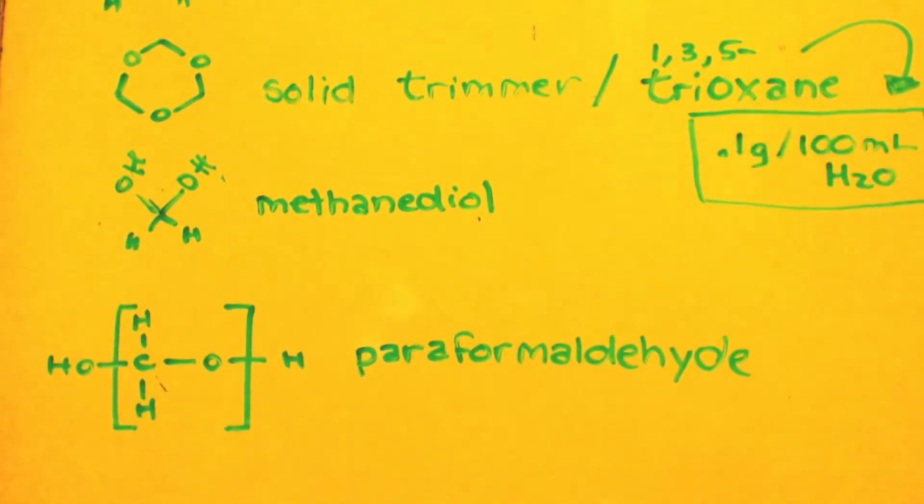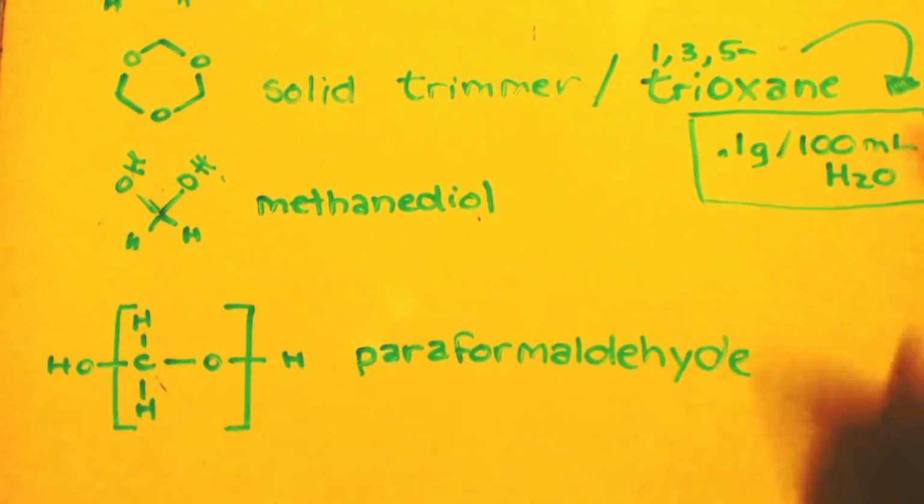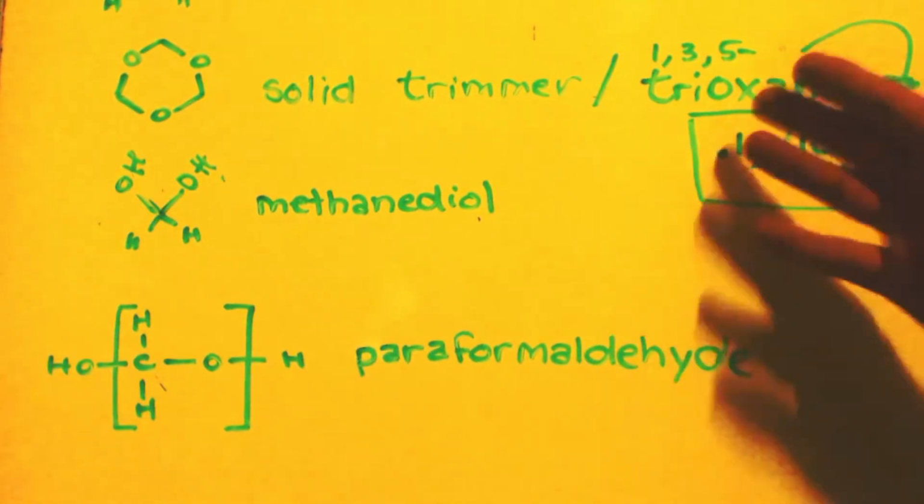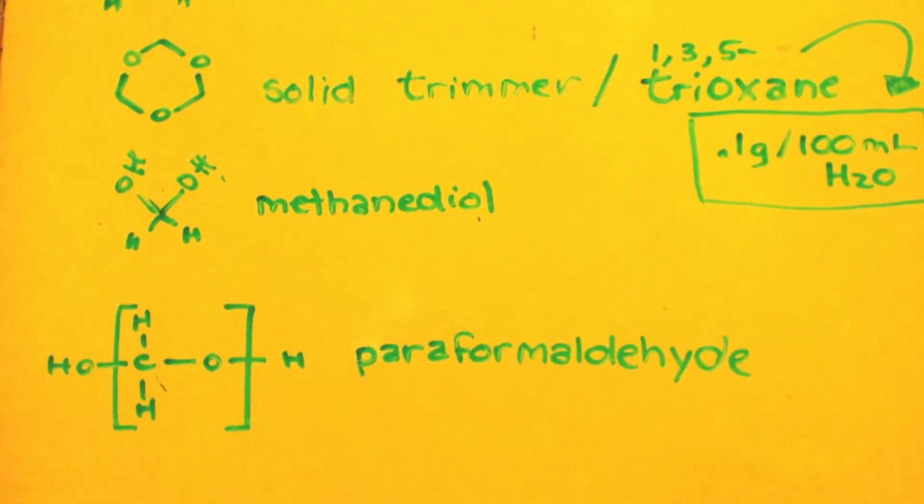This stuff won't turn into a liquid, but it will sublime, leaving everything else behind. Only your stuff will sublime, and you can distill it over. I've seen a guy do this on a video. If somebody wants to watch that video, just ask me about it in the post, and I'll give you the link to that video where he distills his trioxane and gets pure trioxane.